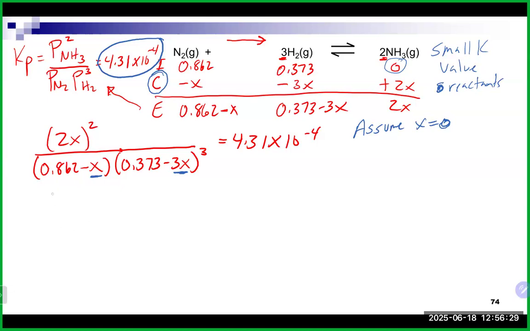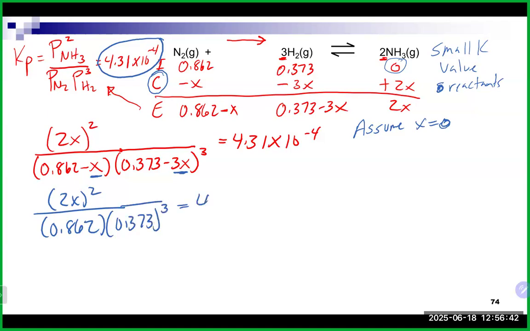So that's going to take this down to 2x squared divided by 0.862 times 0.373. I still need to cube it, equals 4.31 times 10 to the minus 4. Now that looks a lot more manageable, I would think.